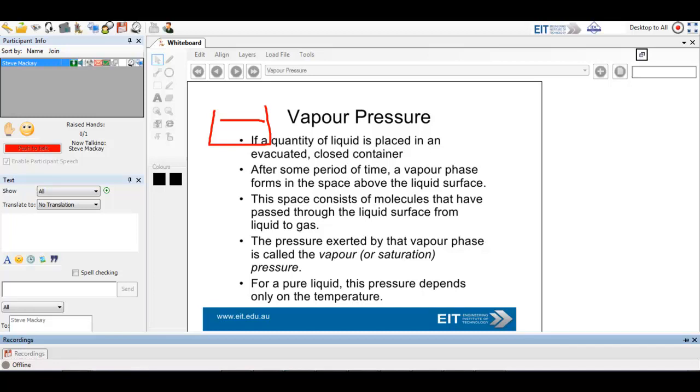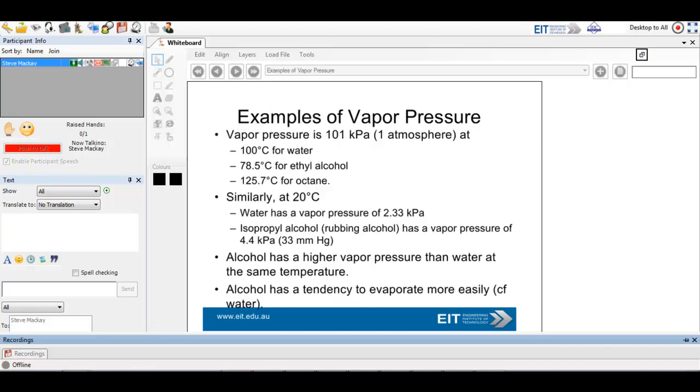If you're looking at a pure liquid, the pressure depends only on the temperature. Typical examples: the vapor pressure is 101 kilopascals, 1 atmosphere, at 100 degrees Celsius for water. And as you know, at that point the water starts boiling. It's lower for ethyl alcohol, 78.5 degrees Celsius. That's often why you get fractional distillation.